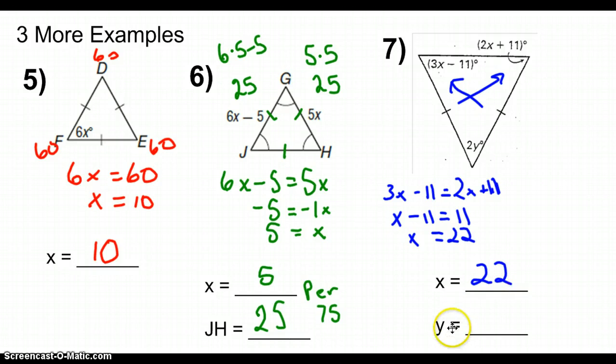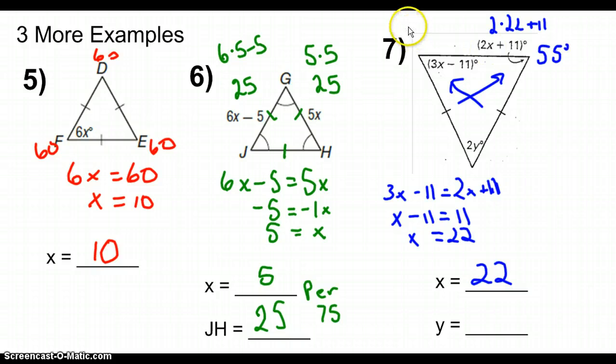Now, in order to find the value of y, there is only one expression, so we need to use the answer for the variable x in order to assist in solving for y. If we substitute 22 back into our expressions, 2 times 22 plus 11, that gives us 44 plus 11, that gives us an angle measure of 55 degrees.